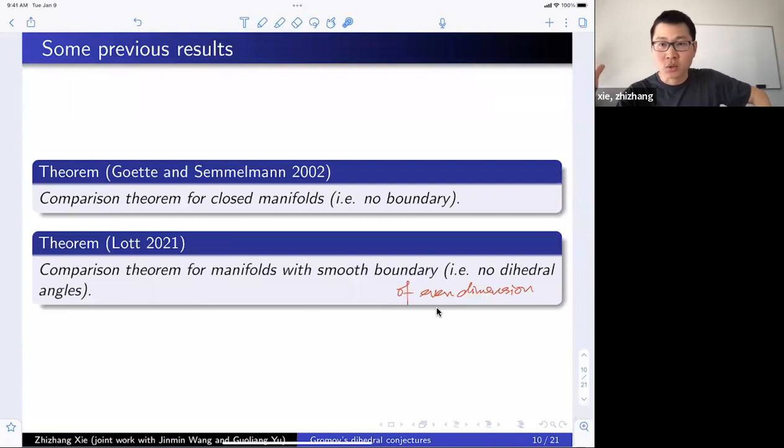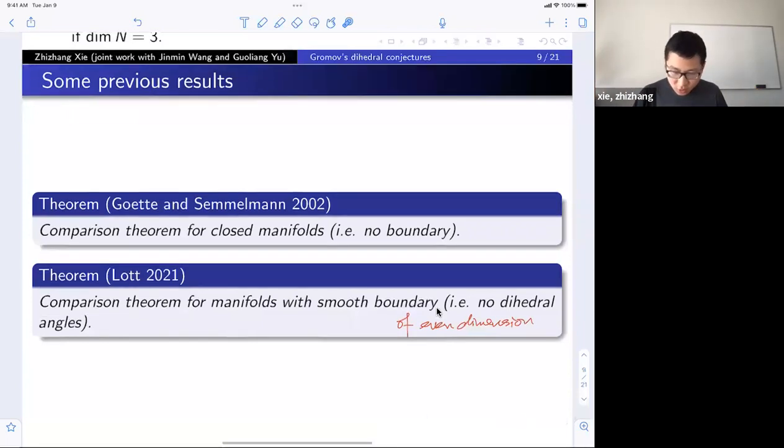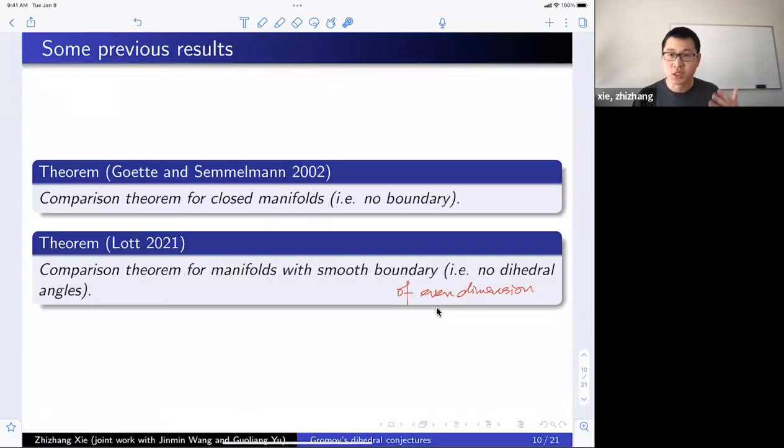So studying manifolds with corners is not just a technical thing. It's important that we actually study manifolds with corners.